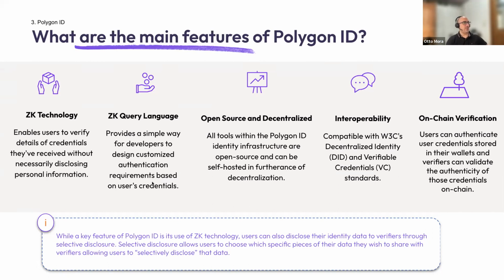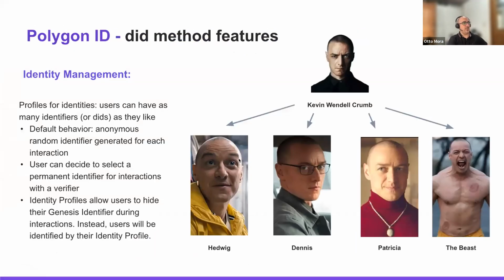Okay, so moving on to the next one. Another interesting feature that I think is relevant, and also very important, is this ability to have multiple profiles or multiple identifiers, right? So in Polygon ID, we have this Genesis identity. You can see it here. Kevin Wendell Crumb is the main identity behind all of these other profiles, right? And so we maximize privacy not only through the usage of zero knowledge proofs, but also through the usage of identifiers, right?